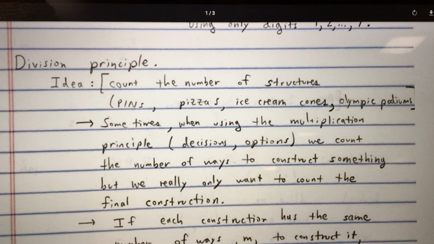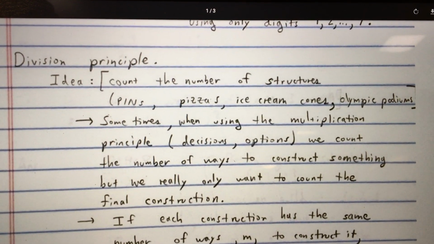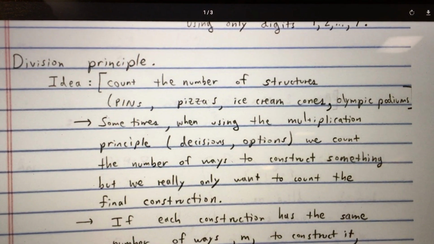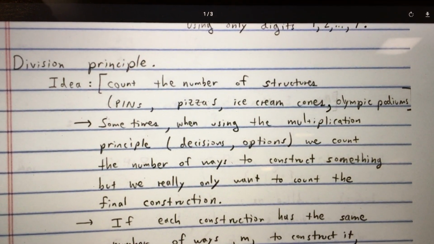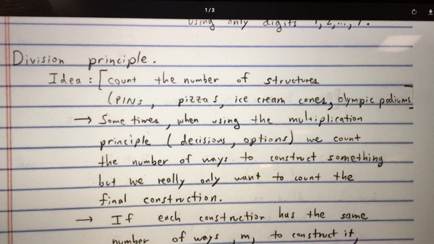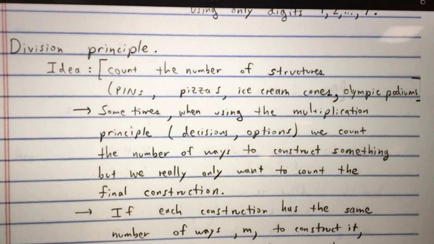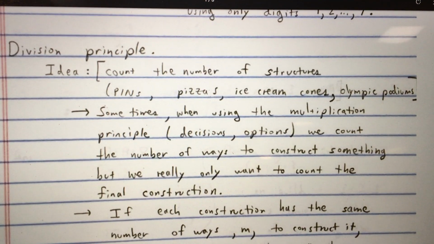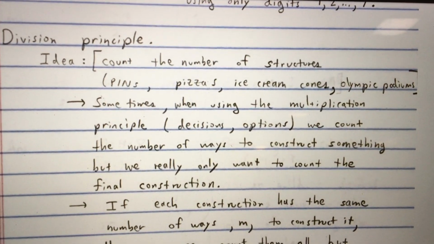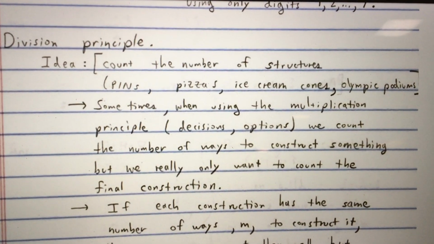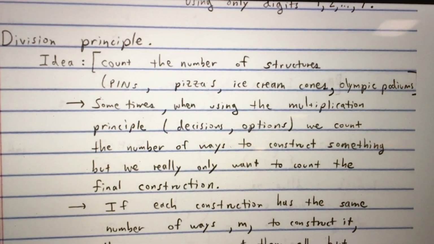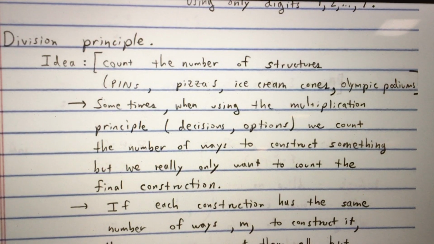They could be pins, or pizzas, or ice cream cones, or Olympic podiums where you choose gold, silver, bronze. Sometimes, when using the multiplication principle, where you have a number of decisions to make and a certain number of options for each one, and they're independent, we count the number of ways to construct something, but we really only want to count the final constructions.